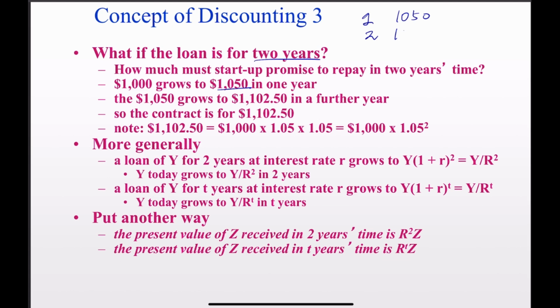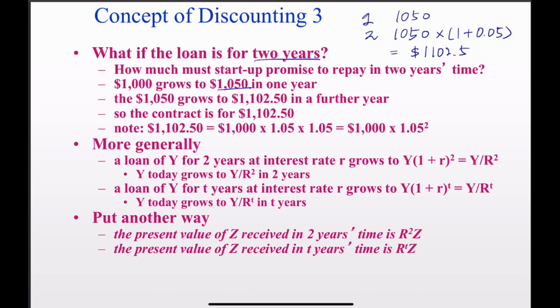Why? You leave your money in the account after 1 year, and then you get more interest, times 1 plus 0.05. So you may get $1,102.5, because in the second year you earn interest on your original money and on the interest from the first year.